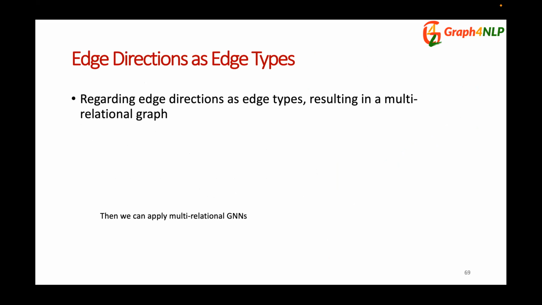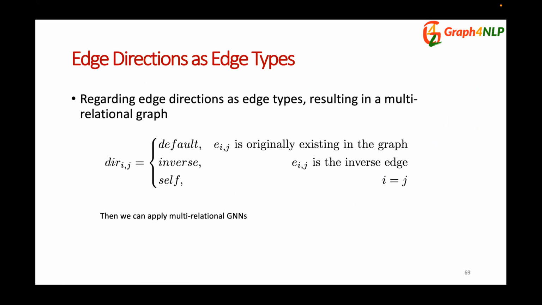Let's talk about the second strategy, which is to regard edge directions as edge types. This is quite straightforward, and it will result in a multi-relational graph which has three types of edges. One is the default edge corresponding to the original edges in the input graph, and we will have an inverse edge type, which is the inverse of the original edge.